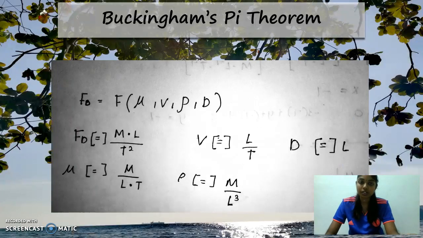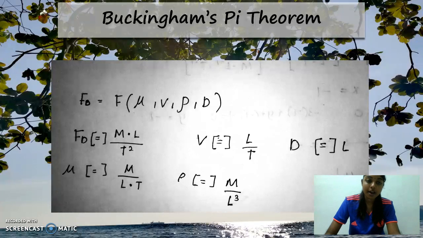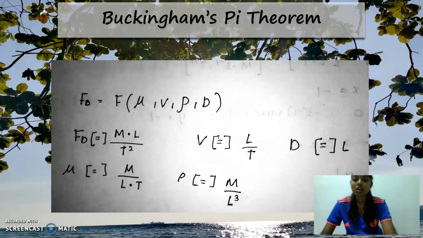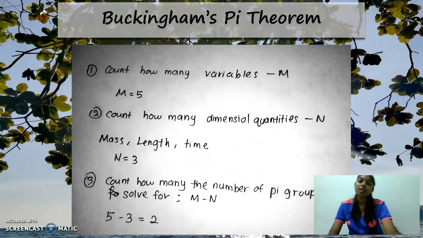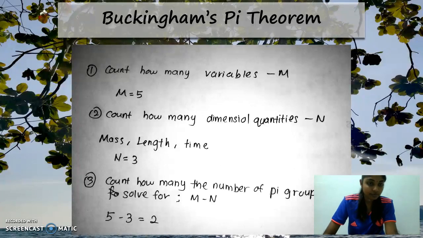So we simplify this into this form, and then we count how many dimensional quantities there are, which means mass, length, and time. So we have 3, and we subtract 3 from 5, then we get 2. This is the number of pi numbers that we have.